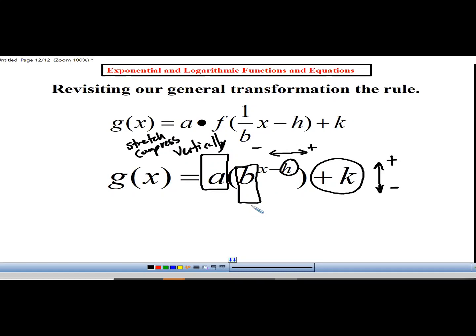It stretches the function. Stretches or compresses. Now, if A did it vertically, that means B does it horizontally. And if you notice, it's the same thing that we've been doing with other functions, but now applying it to exponential.